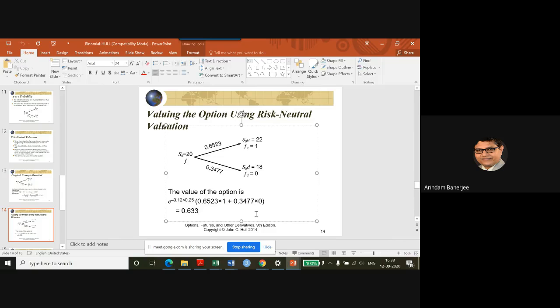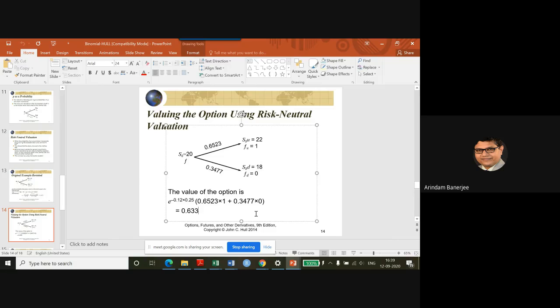Now, one of the beauties of this method is that it depends on so many assumptions which may be unrealistic. We assume that it is 10% up and 10% down. What will happen if it is 15%, 15%, or minus 5%?